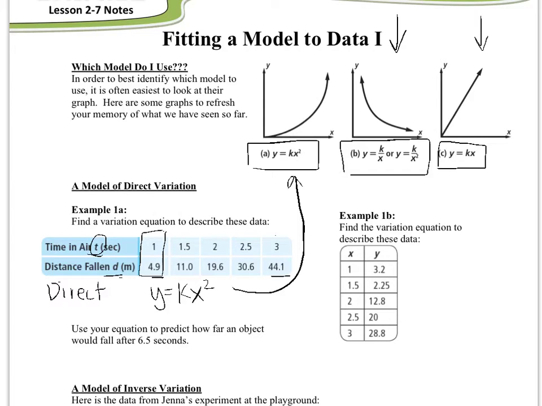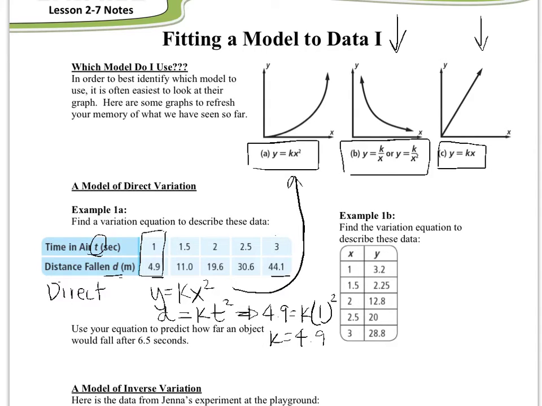So I'm going to say d equals k times t squared. Then if t is 1 and d is 4.9, 4.9 should equal k times 1 squared. In this case, k should be 4.9.